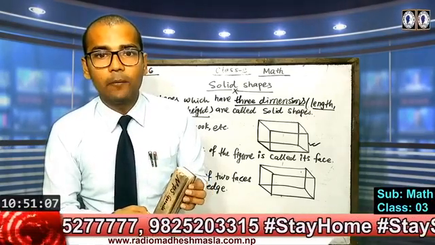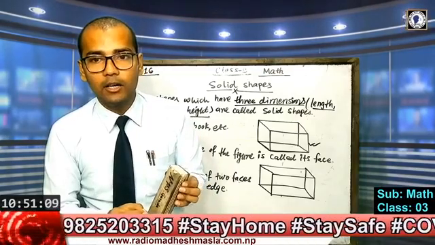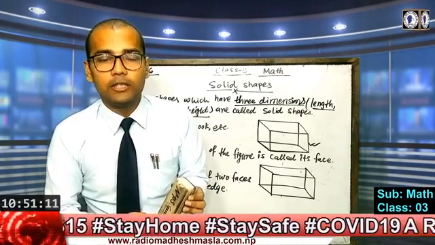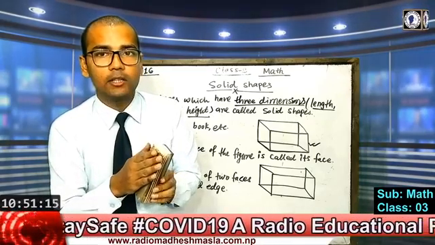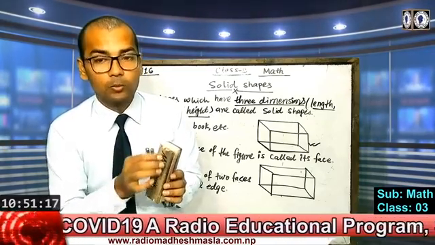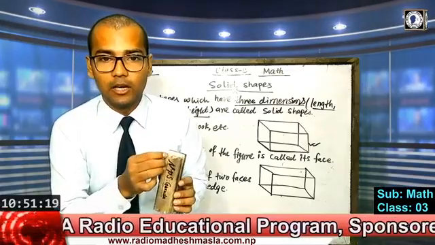So how many edges are there in a cuboid? 12. That means we can say the joint of two faces is an edge.